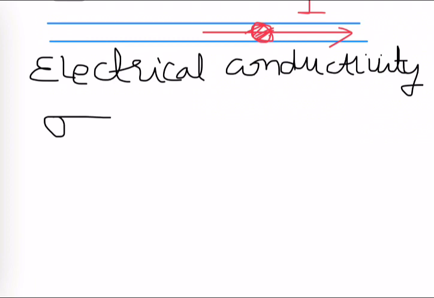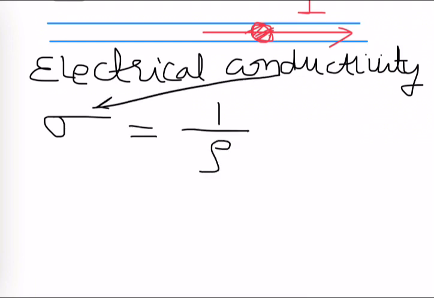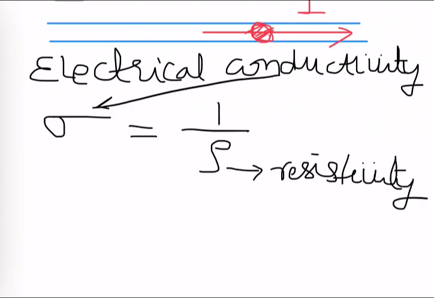Actually, conductivity is the reciprocal of resistivity. What does electrical conductivity indicate? It indicates the ability of the conductor to conduct the current.